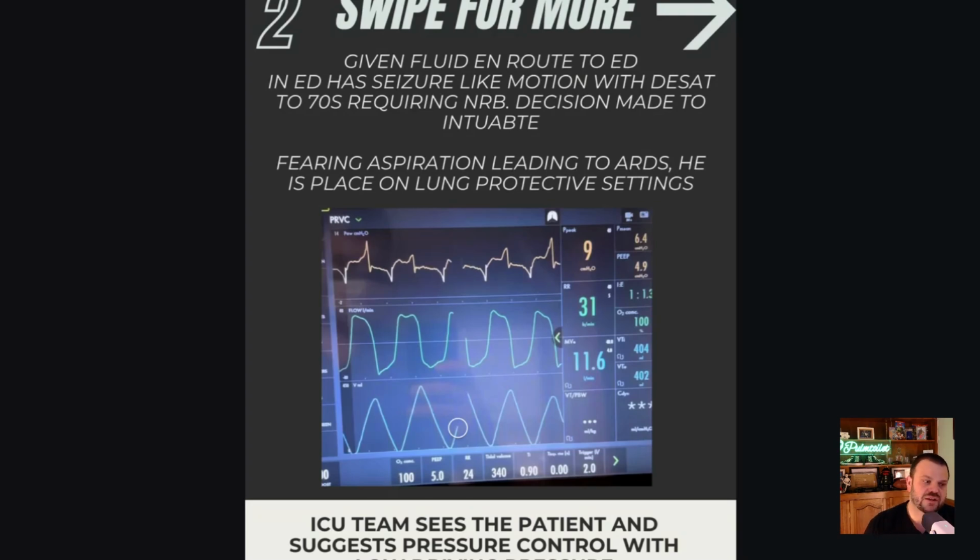Which makes ventilating passive patients with acidosis not really that difficult, because you could probably put them on whatever mode you want, even PRVC, because it's kind of irrelevant since they're not participating. So you'd have to figure out what the rate's going to be. I do that based on the time constant, so I make sure I don't give them auto-PEEP. And then I figure out a tidal volume based on what my plateau pressures are.